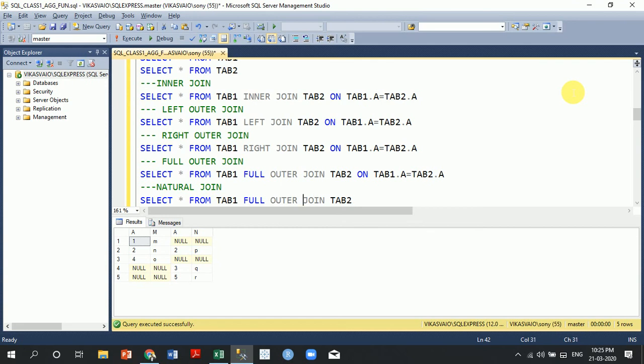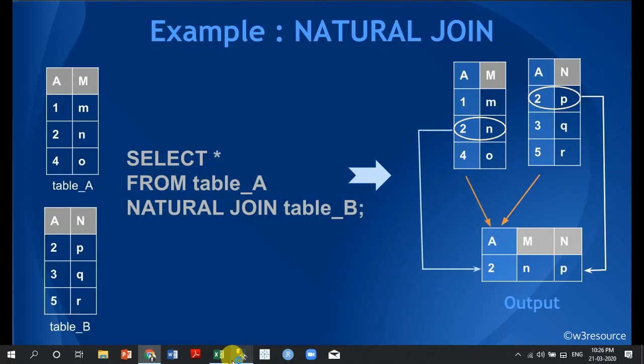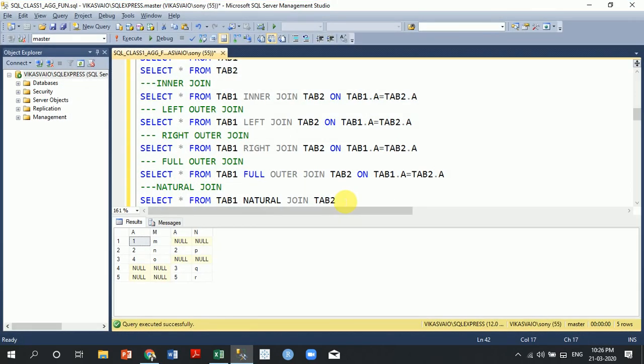Where a join is possible, the join will take place; if a join is not possible, no join will take place. So, table 1 natural join table B. Yes, okay, it's perfect. Just run the query and see the result.